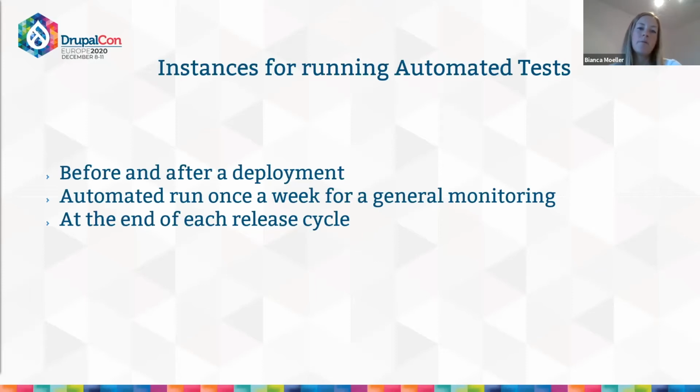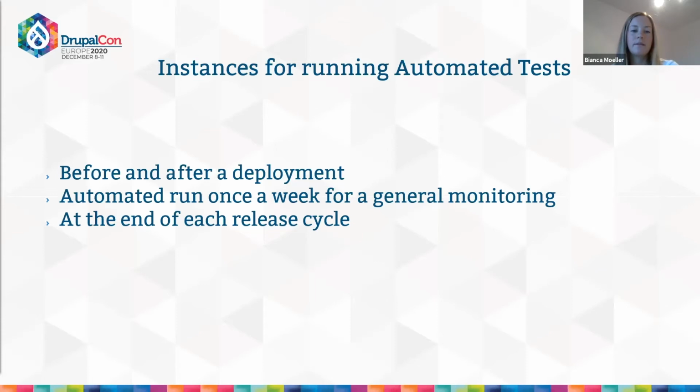The instances are always depending a little bit on the scope of the sprint and what we are working on in the sprint. So we are more or less flexible, since we are always in contact with the whole team and with Nestle as well. So this can also be something more spontaneous, apart from the automatic runs, which are executed once a week.